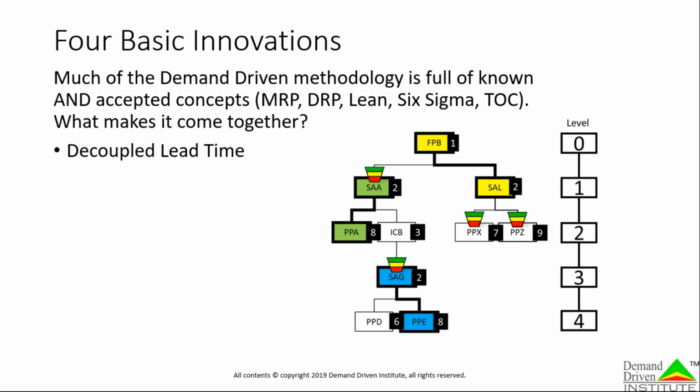See, in DDMRP, what I told you was the first step is to determine the decoupling points. And we do that based upon 6 criteria, and we have some extensive examples in the book. But when we find those decoupling points and we declare them decoupled, there are major implications for lead time.